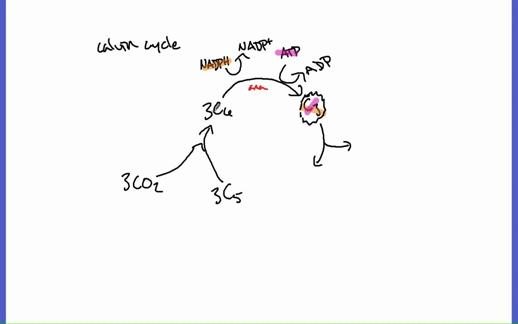But then if I split all 3 of these 6-carbon molecules in half, 3 times 6 is 18. I should end up with 6 3-carbon molecules because it's still 18 total. Each 6-carbon molecule gave me 2 of these 3-carbon molecules, but since I have 3 of those, I end up with 6 of those 3-carbon molecules.